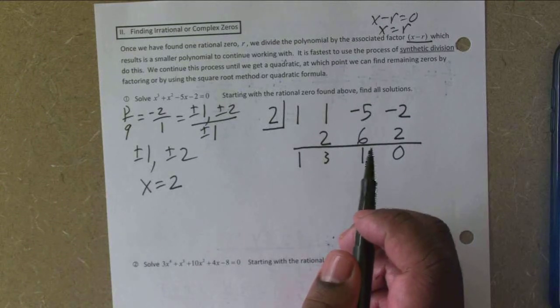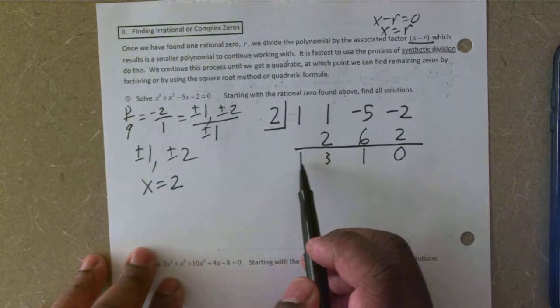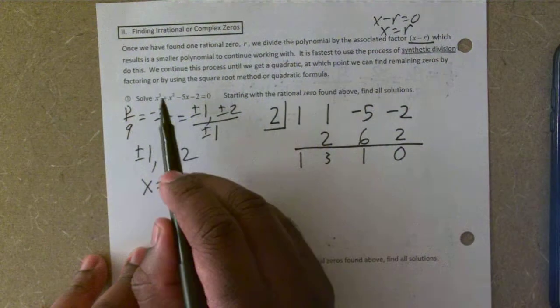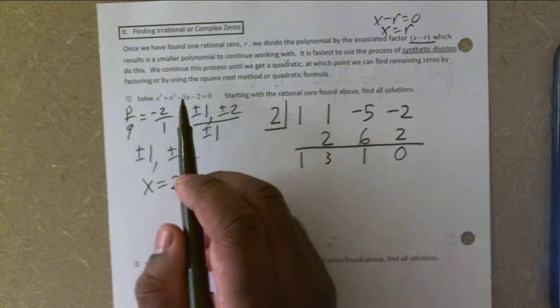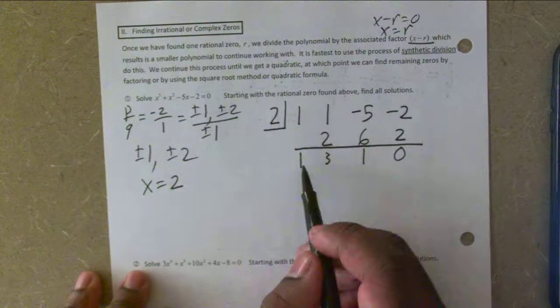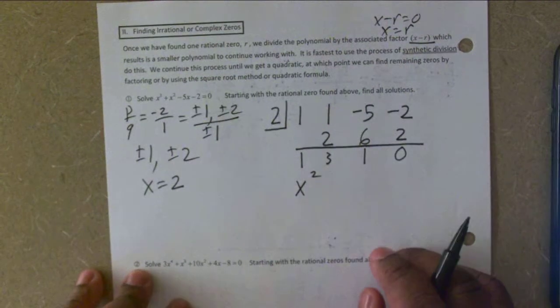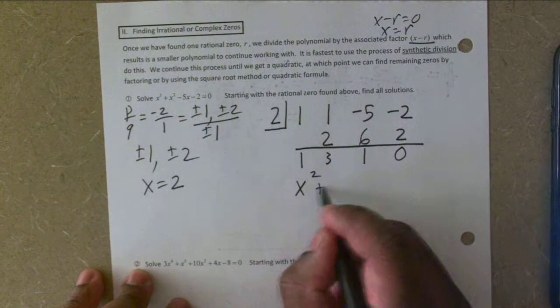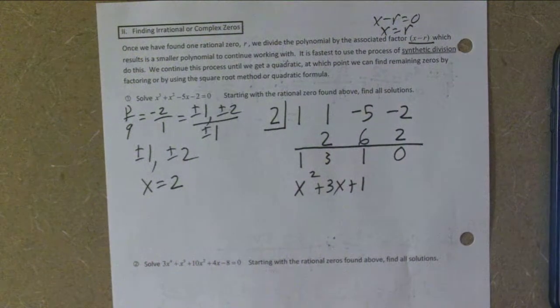So, this first coefficient, the exponent of that variable is always 1 less than what you started with. So this would be the coefficient of x squared, which would just leave us x squared. This would be the coefficient of x, and this would be our constant. Is everyone okay with that so far?